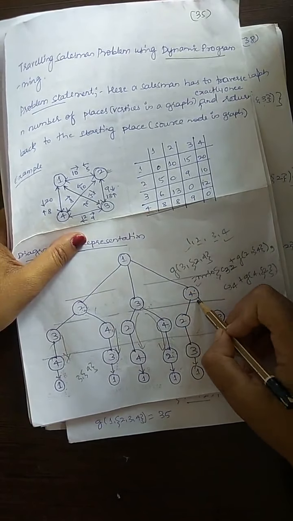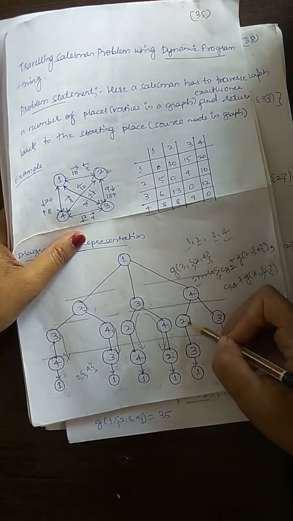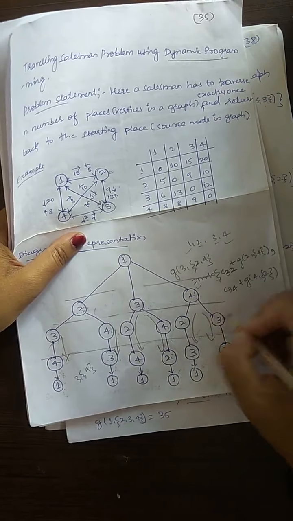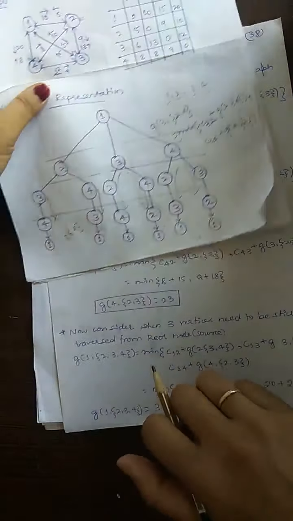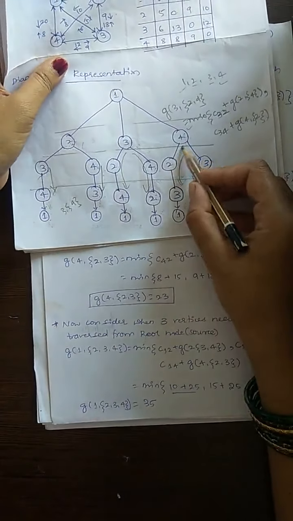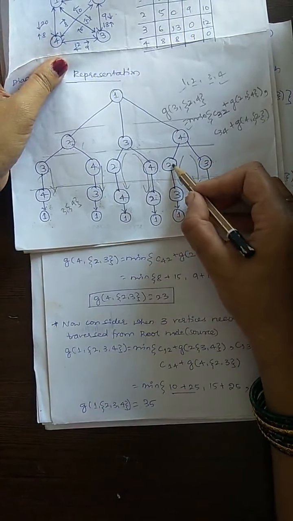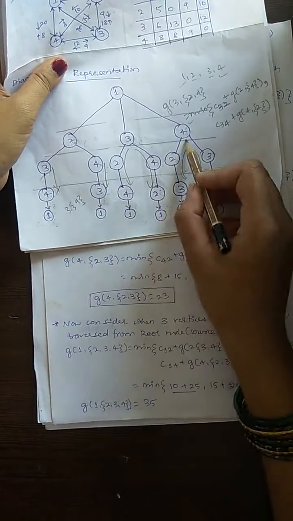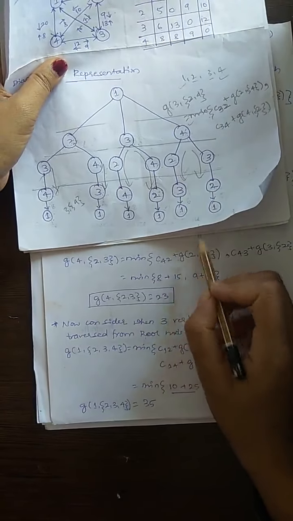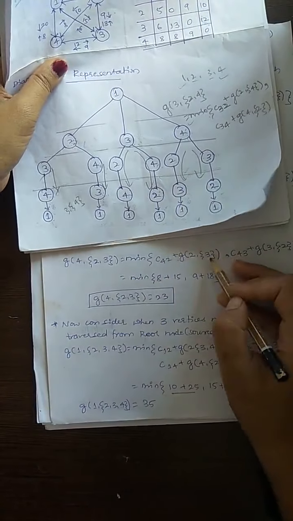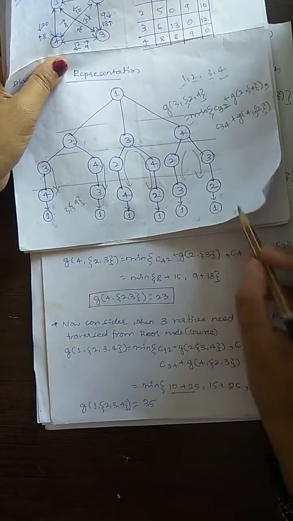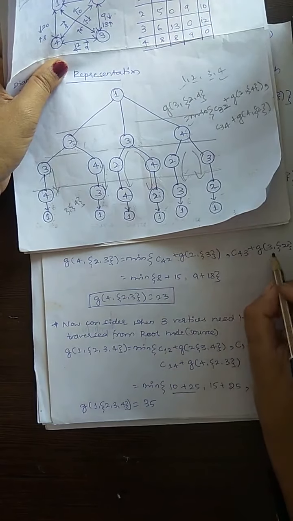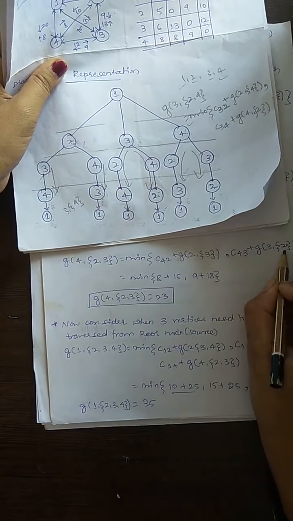I have reached 4. Still 2 vertices are remaining. Which are those? 2, 3 or 3, 2. How do I find? I want to find the minimum of these two. So how do I find the minimum here? From 4 to 2 plus 2 to remaining. So from 4, C of 4 2 plus G of 2 comma 3, where 3 is remaining, comma 4 to 3 and 3 to 2 here.